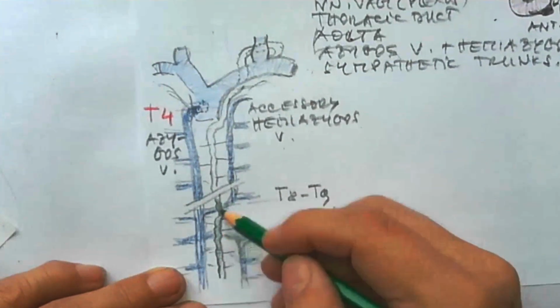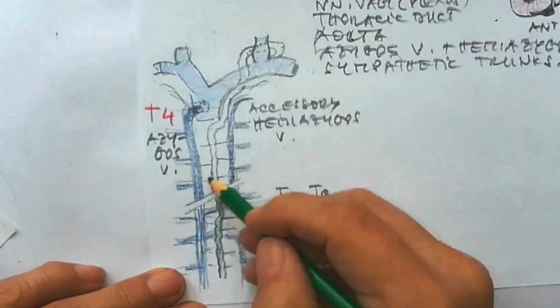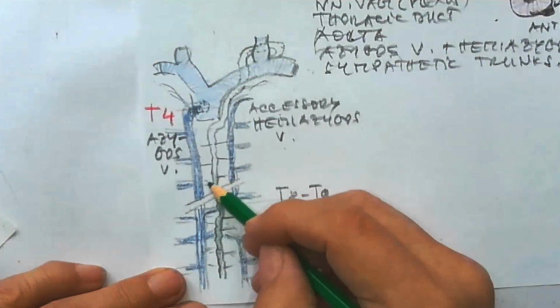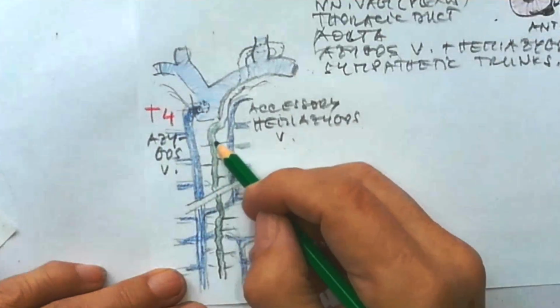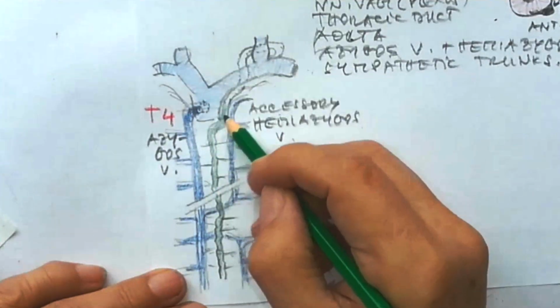Using green, there are some segmental smaller trunks.